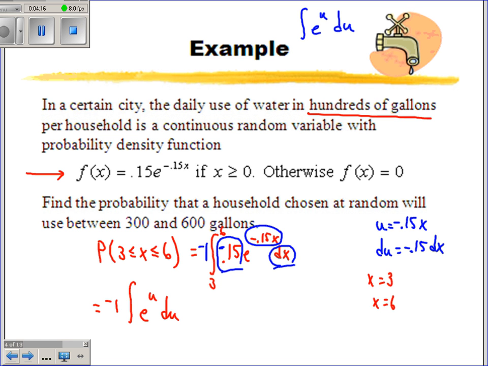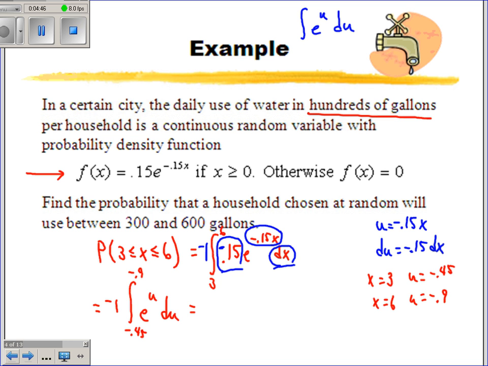So if x is 3, the u is going to be minus 0.45, and if the x is 6, the u is going to be minus 0.9. Now you don't have to switch those. You can just not worry about them until you switch the antiderivative back to x variables and just use the 3 and the 6. But I'm going to go ahead and use these new ones, so from negative 0.45 to negative 0.9.